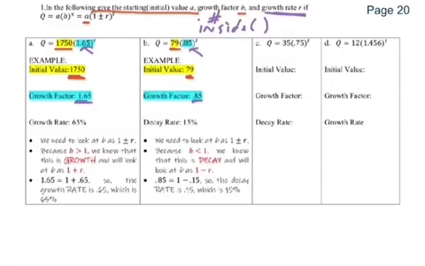If you look at example A on the bottom, it's saying that your growth rate is 65%. Now, what you need to do to get your growth rate is first determine whether or not it is a growth or a decay. If your growth factor is greater than 1, then that means that this is going to be a growth.